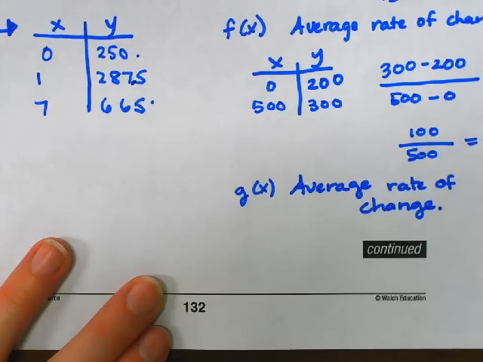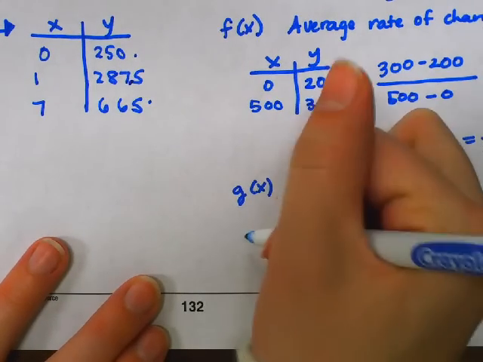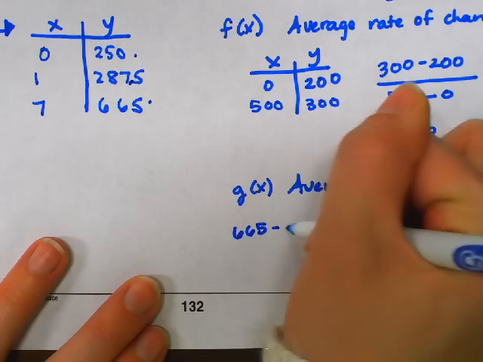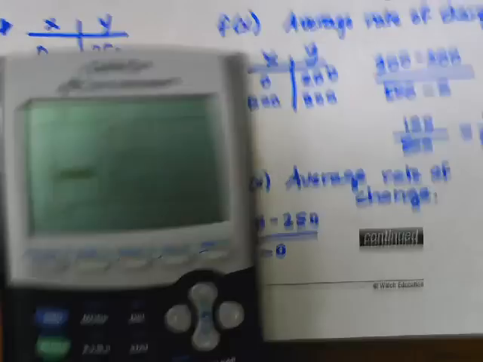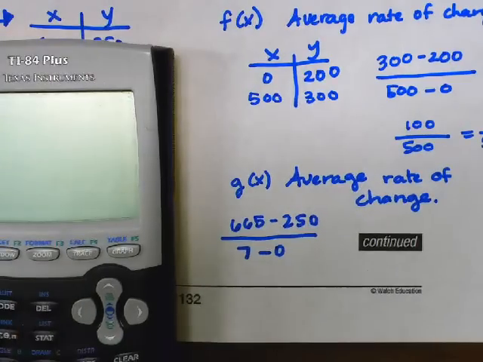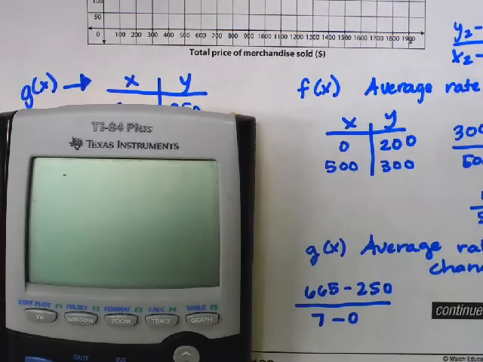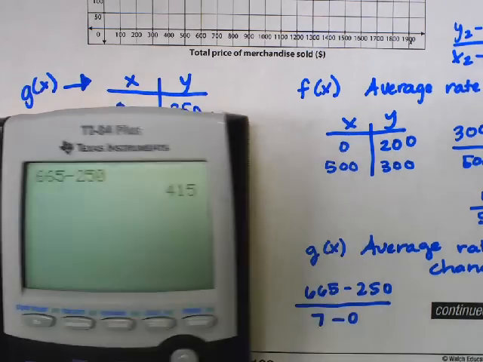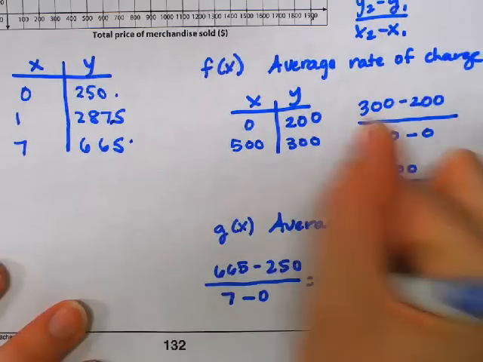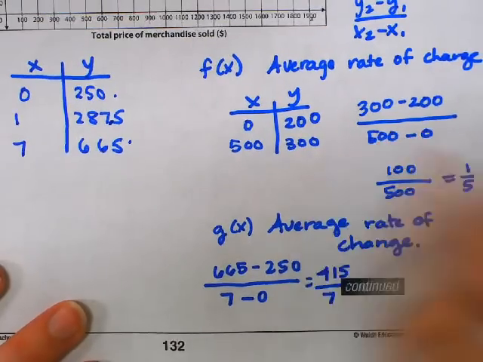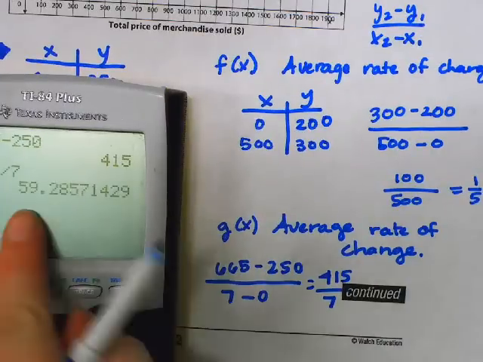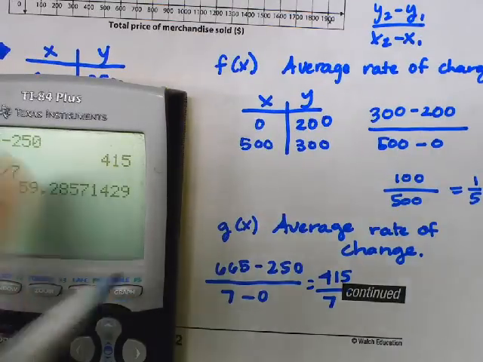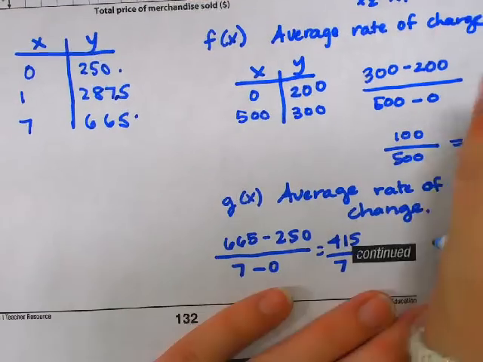We don't have to have this ugly decimal. Alright, so y2 would be 665 minus 250, all over 7 minus 0. I don't know what that is off the top of my head, so I'm going to put it in my calculator. 665 minus 250, I get 415 all over 7. And I'm going to see what that divides to, divided by 7. It is a decimal, but I'm going to go with approximately 59.3.